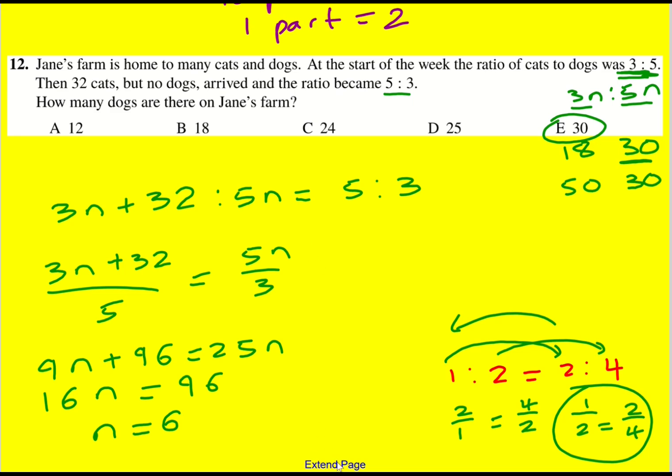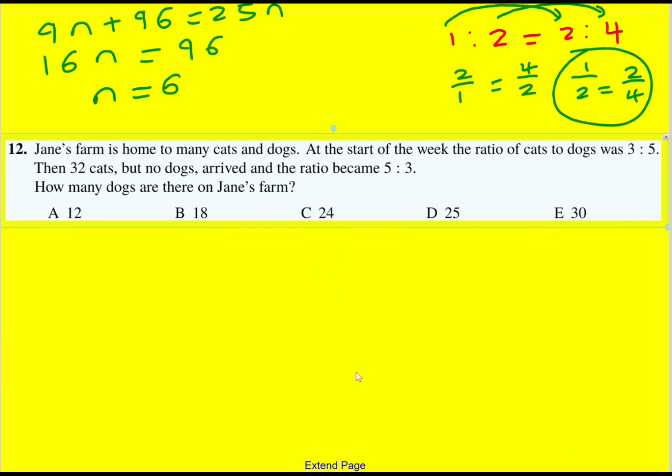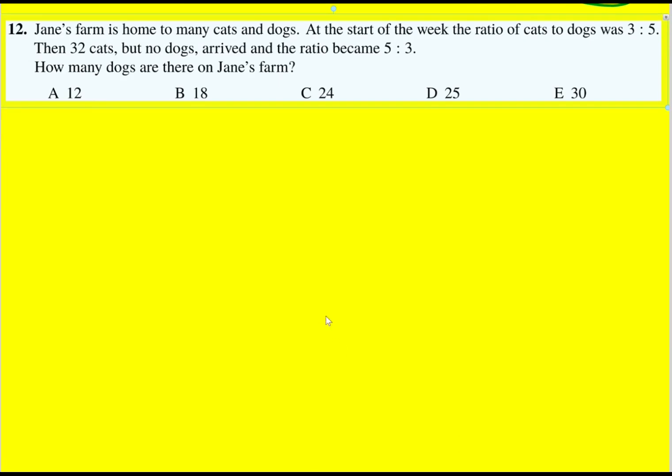One more method. I wouldn't have thought to do it like this, but I really like it actually. It avoids that complicated equation that we ended up having to deal with in the second method. Not as simple as the first method, I don't think though. So we're going to say that there are n dogs this time, not 5n, but n dogs.